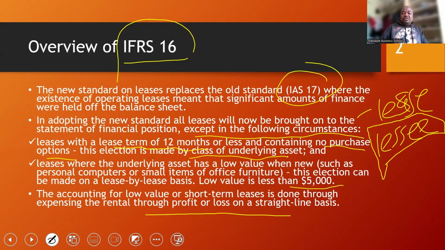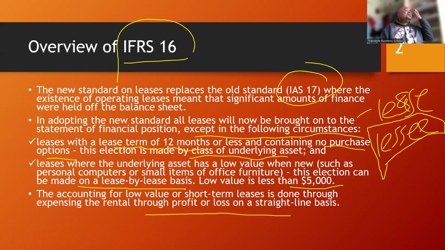All leases in relation to that class of assets have to be treated on the same exemption. Now, if you use the exemption of low value, then you're allowed to apply the exemption on a lease by lease basis.